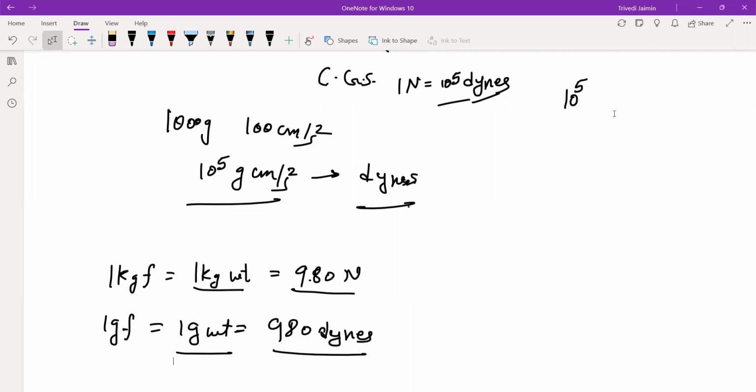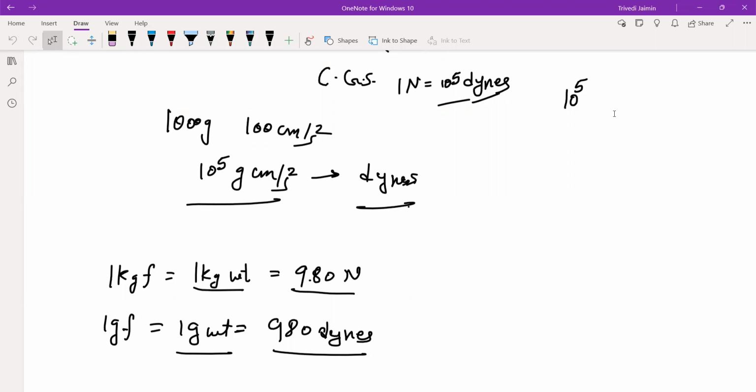That means 1 kilogram mass attracted towards Earth has 9.8 Newton of force. Then this is the lower form, 1 gram force. Okay. Easy, right? Yes, sir.